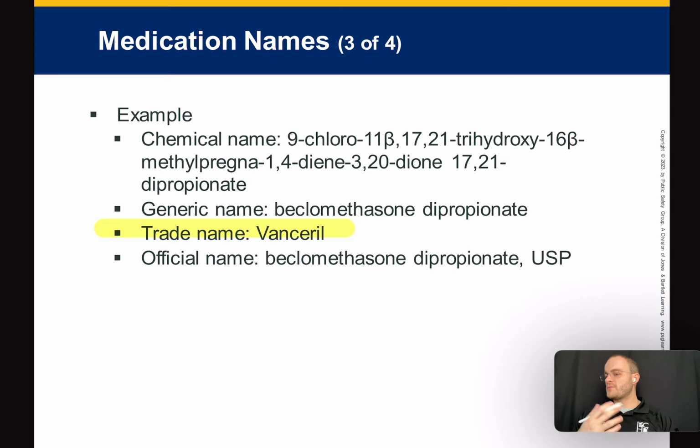If you're a patient or a physician, are you going to want to write out Vanceril, or do you want to write out beclomethasone dipropionate, right? So, of course, they try to make these catchy. This is just a big marketing gimmick, but it works, and so that's where that happens. Remember, the official name will have USP behind it if it's a real drug, and that means it's recognized by the United States Pharmacopoeia.